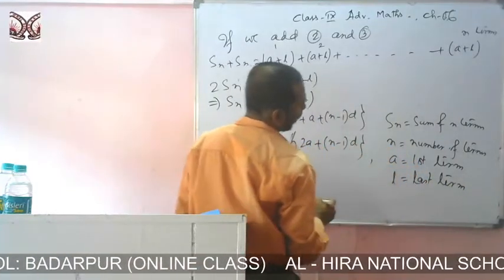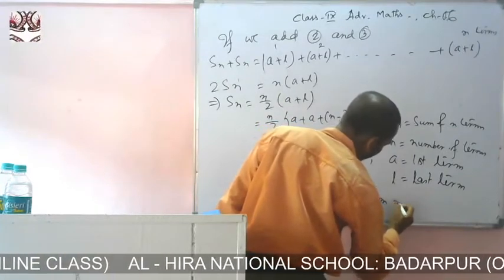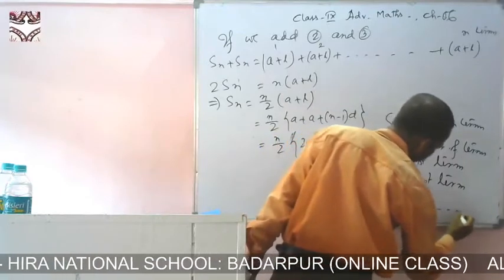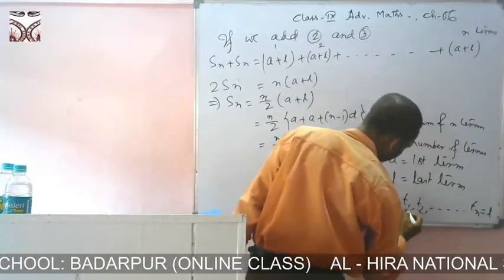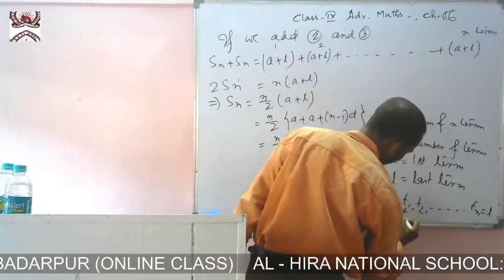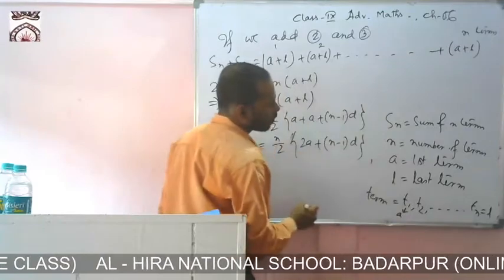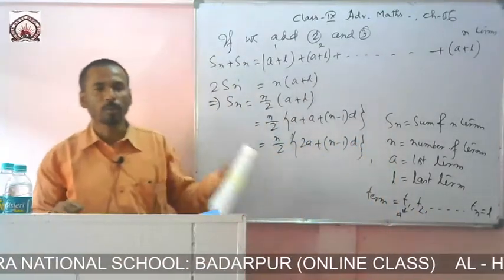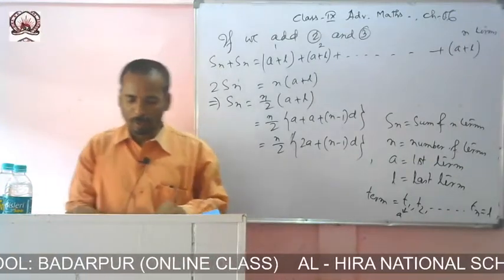The terms we denote by T1, T2, etc., up to Tn. Tn is L, and T1 is a. So these things you must review, and after that we will go on to the exercise.